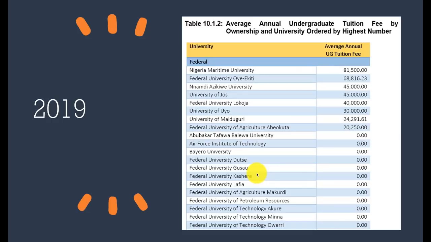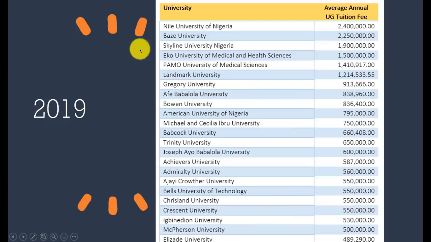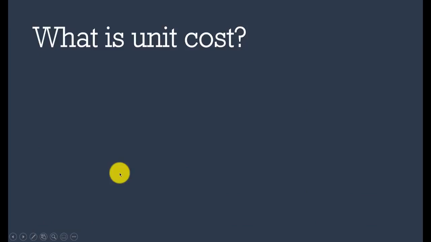And that has implication, which you're going to see in a minute. State universities, Edo University, 500,000, First Technical, 400, and you can see the rest like this on the screen. Now the private universities: University of Nigeria, 2.4 million, Base 2.25, Skyline, and the rest that you can see.